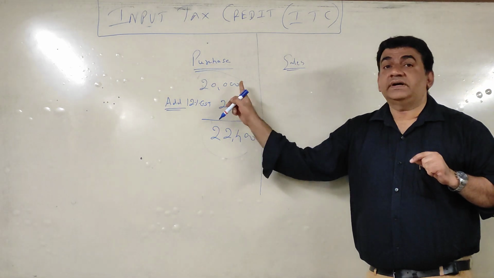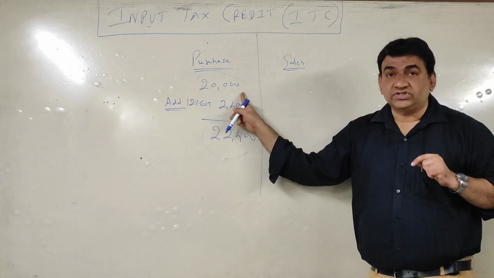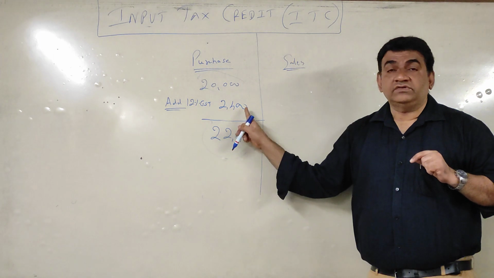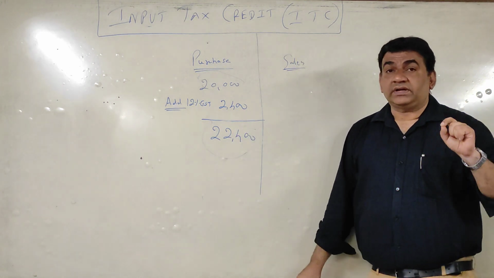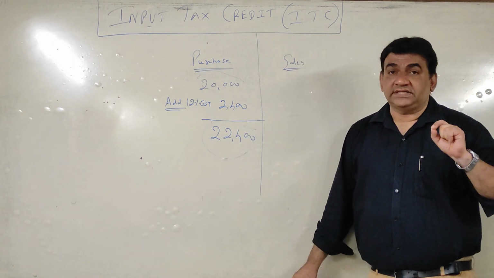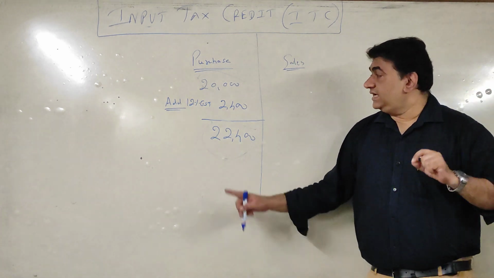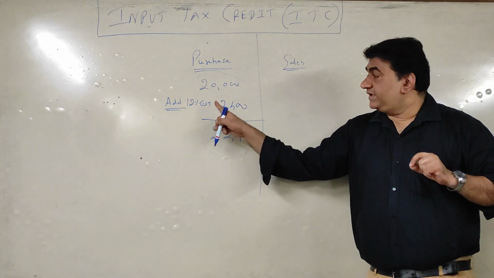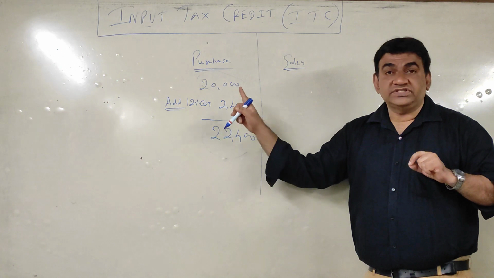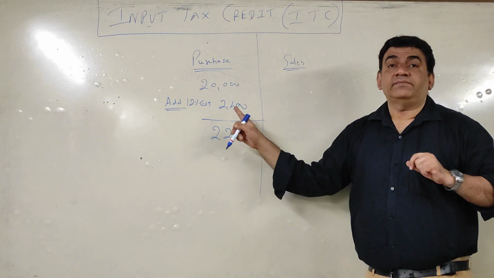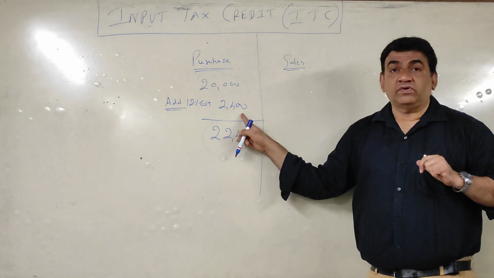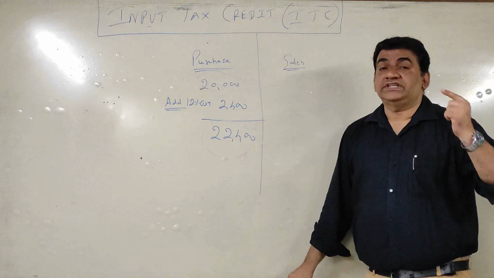You debit purchase account by 20,000, and this 2,400 is debited to an account called input GST. If it is IGST, input IGST. If it is CGST and SGST, half input CGST, half input SGST. So this 2,400 is debited to the GST account.